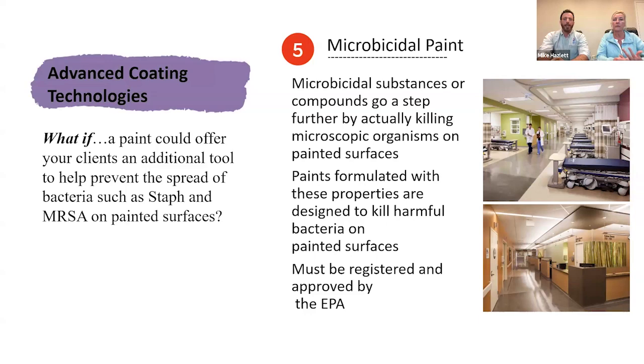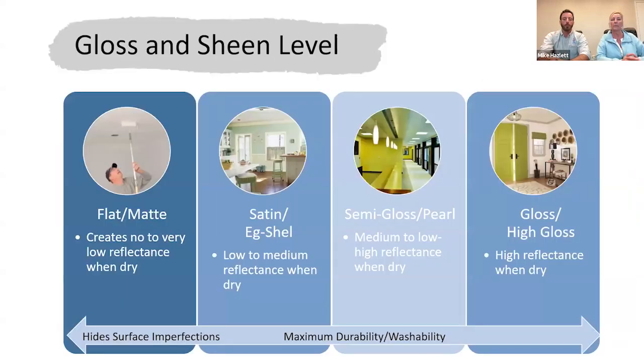Germ-free or bacteria-free paint, you want to make sure it's registered and approved by the EPA. That's something that will be present on the data page. So if you're going to invest in a technology like this, you just want to make sure you're getting what you really are going to benefit from. And that will be set on the data page for any manufacturer's paint.